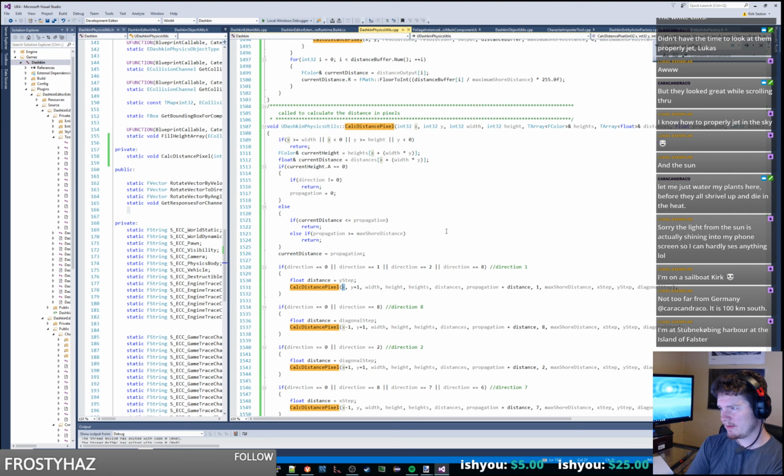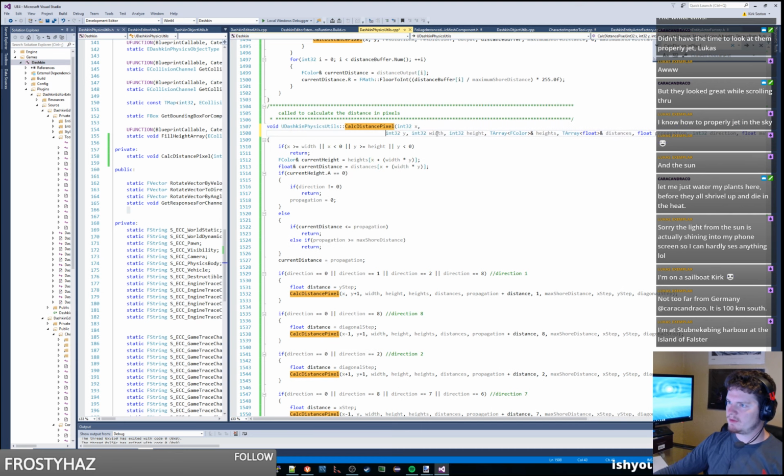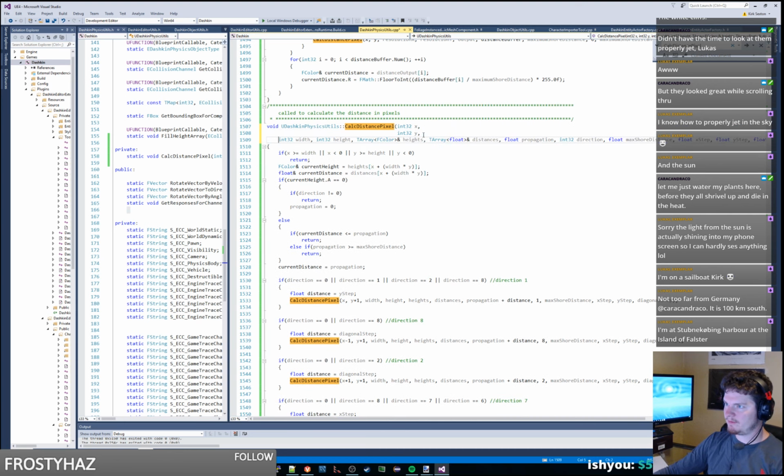So we need the location, and we also need the cost. This is definitely a situation where we have so many parameters to this function that I've forgotten a few.